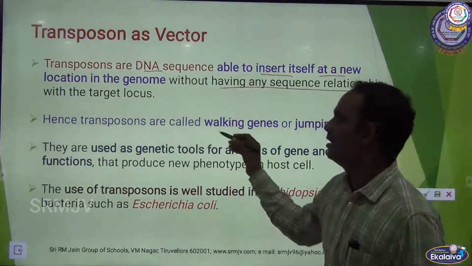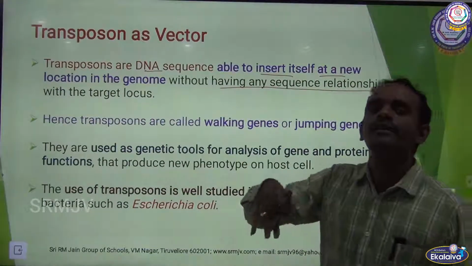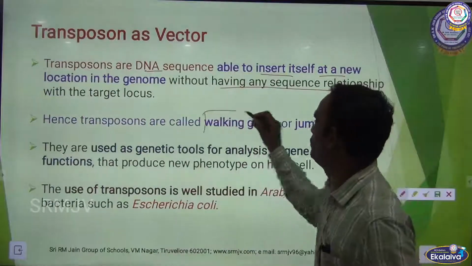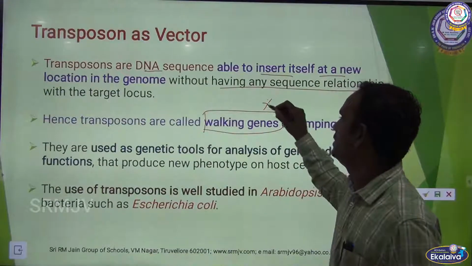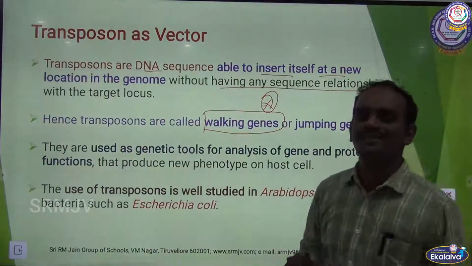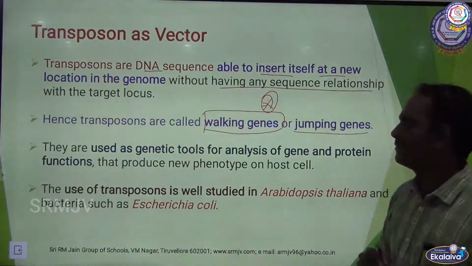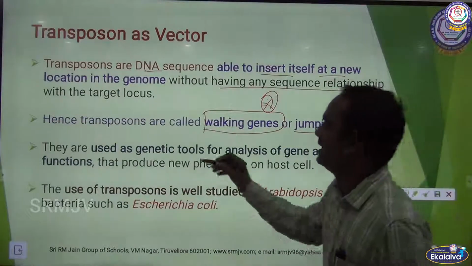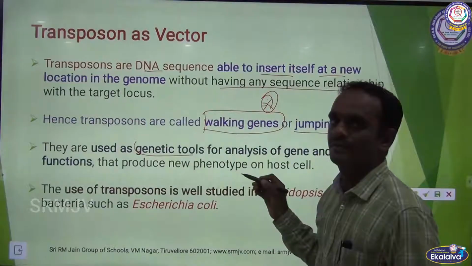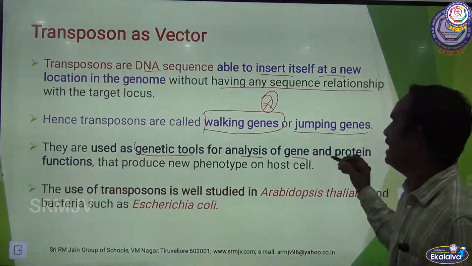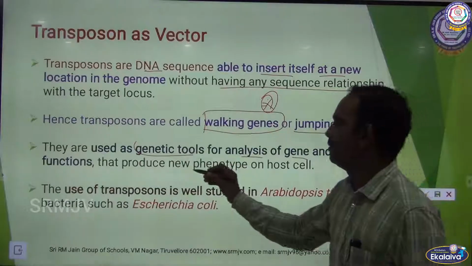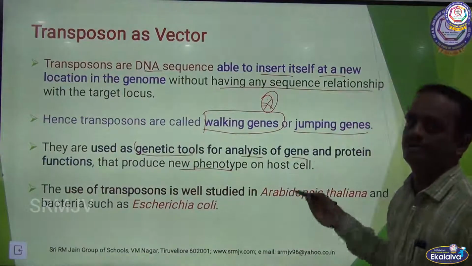Transposons are also called walking genes. Very important, two more questions: what is a walking gene, and why is it called so? It is also called a walking gene or jumping gene. They are used as genetic tools for analysis of gene and protein functions that produce a new phenotype in the host cell.